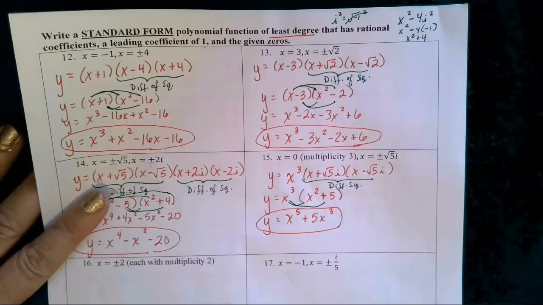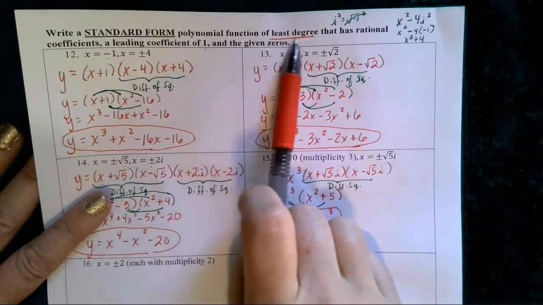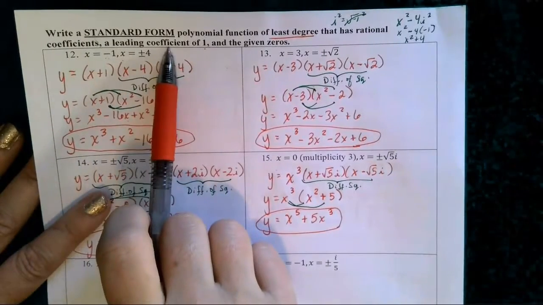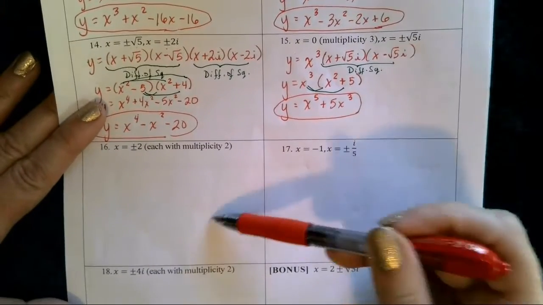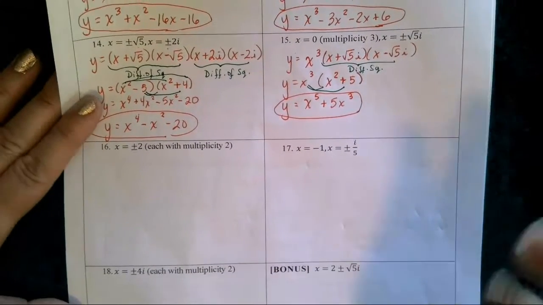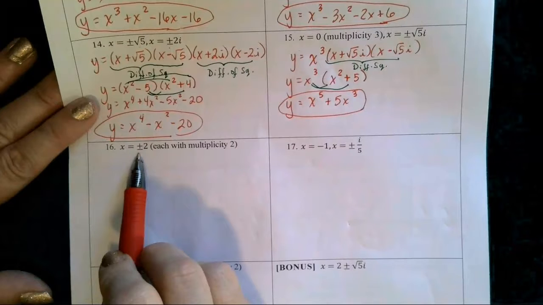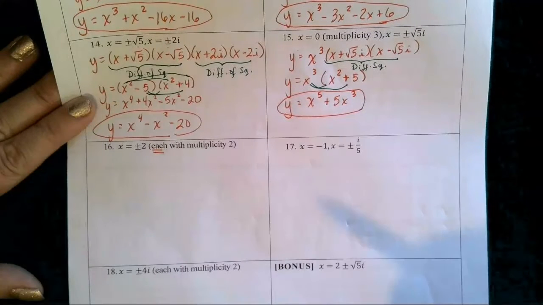Okay, so in this video we're going to write a standard form polynomial function of least degree that has rational coefficients, a leading coefficient of 1, and the given zeros. And we're now on number 16, and we've got x equals plus and minus 2 each, and that "each" is important, with multiplicity of 2.